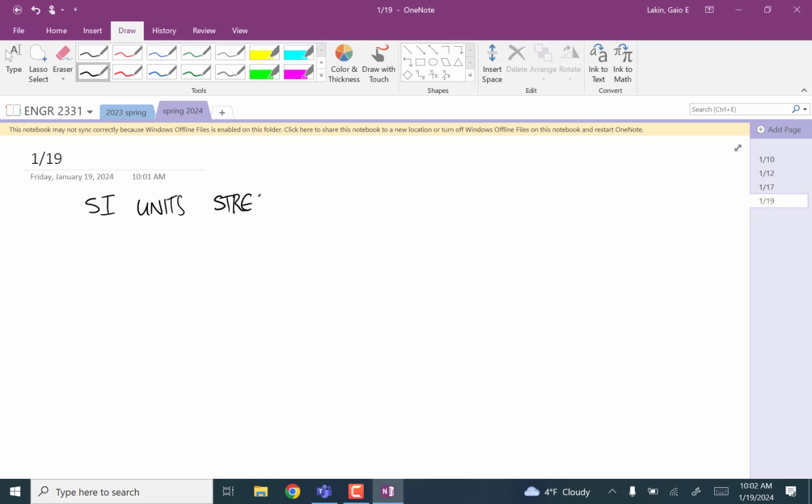Yes. A meter per meter. SI units for stress are pascals. A lot of times stuff will be done in megapascals because the stresses are going to be big. And the units for strain, it's unitless.